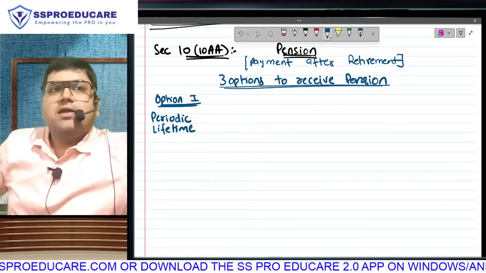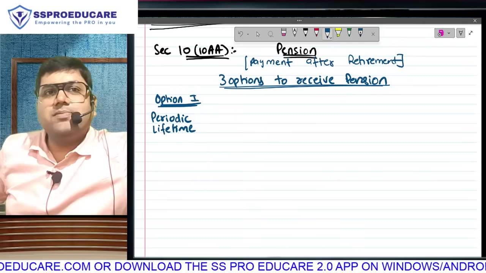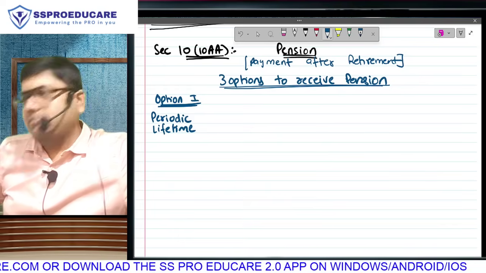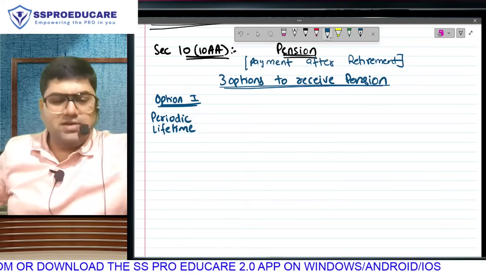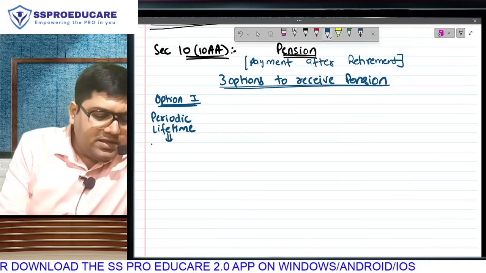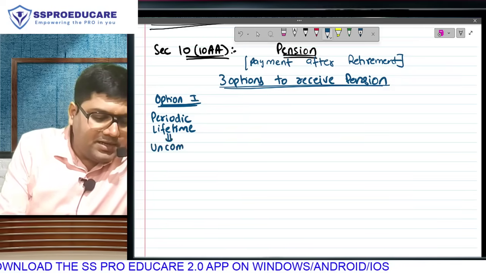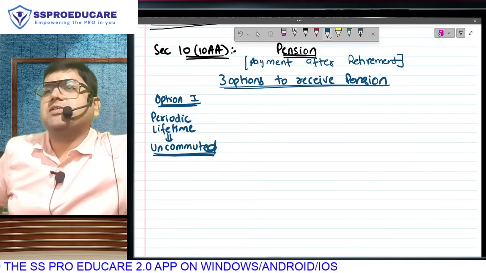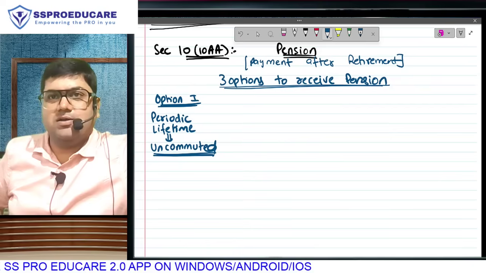Once you retire, every month he will give you. Next year also 12 months. After that also 12 months. Every year, every month till you survive, he will give you pension. This in income tax का technical legal language is called uncommuted. Periodic monthly basis pay, if you get pension, it will be called uncommuted pension.